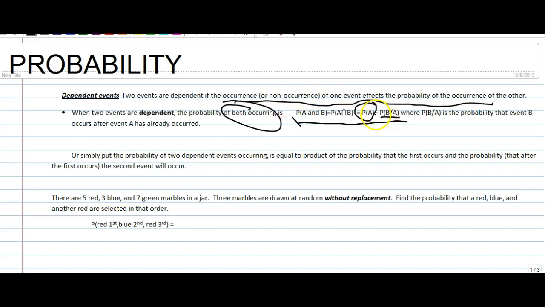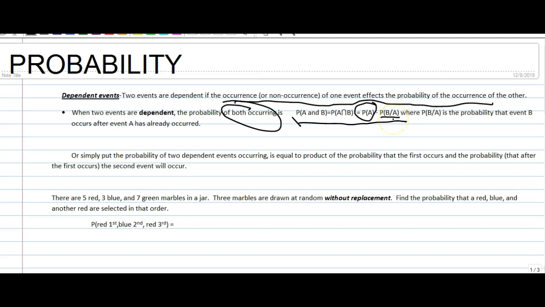So here's the way we express that. This means the probability of A times the probability that event B occurs, given that event A has already occurred. This is not a division symbol here. Again, this is read the probability of B given A has already occurred.